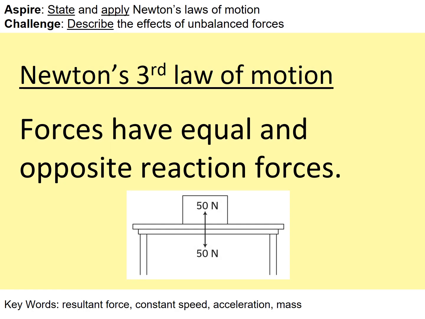So Newton's third law of motion is quite a famous one. It's often placed and quoted in movies. Forces have an equal and opposite reaction force. All this means is that if you've got something staying stationary, some force will be pushing it up, and some force will be pushing it downwards, which is usually weight.